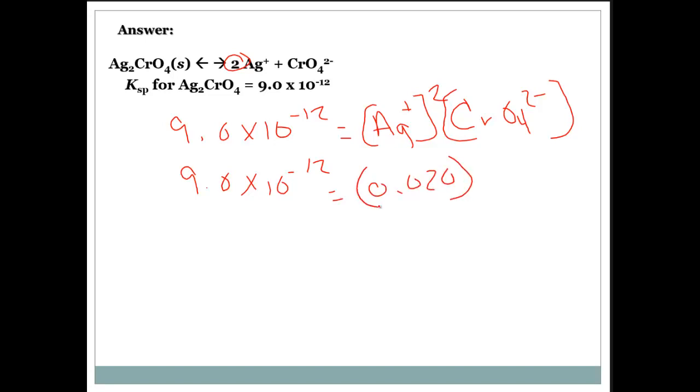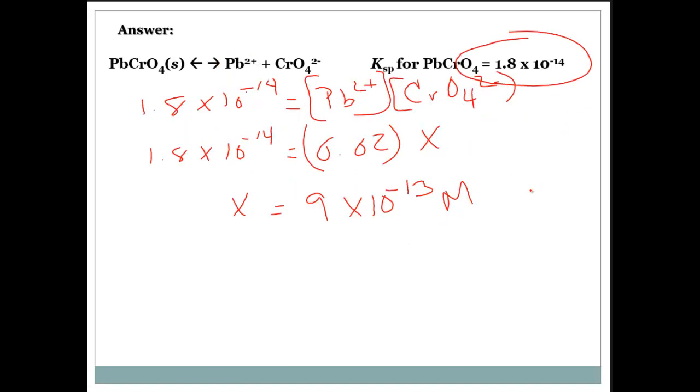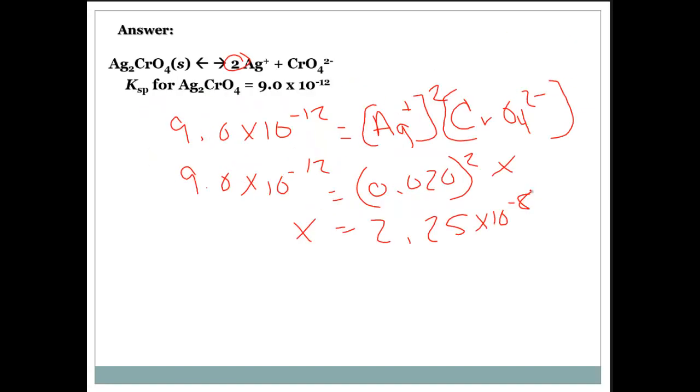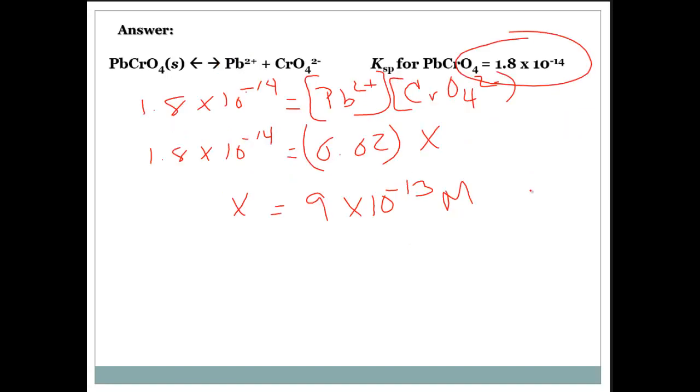Then x is equal to 2.25 times 10 to the negative 8. So let's compare these two chromate values. With lead, we have 9 times 10 to the negative 13. With silver, we have 2.25 times 10 to the negative 8. You're going to need far more chromate for the silver compound to form. So the lead is going to drop out of solution first for that reason.